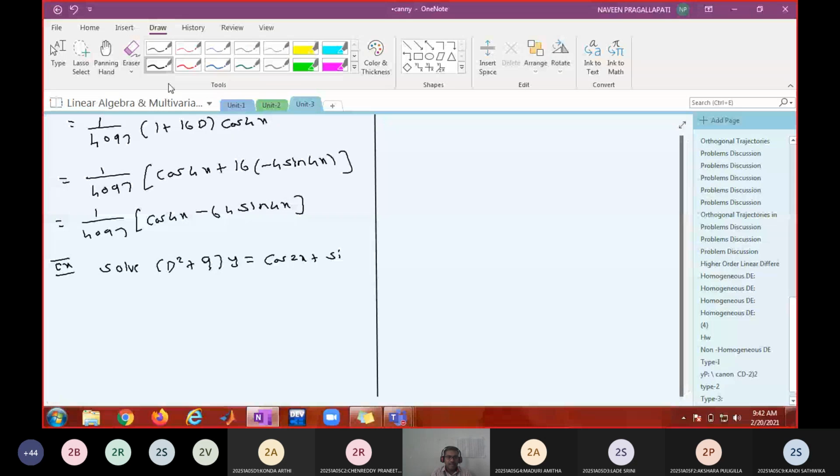So, solving a non-homogeneous differential equation involves computation of the complementary function as well as the particular integral. All of you find out the complementary function first. For the complementary function, what you have to do?